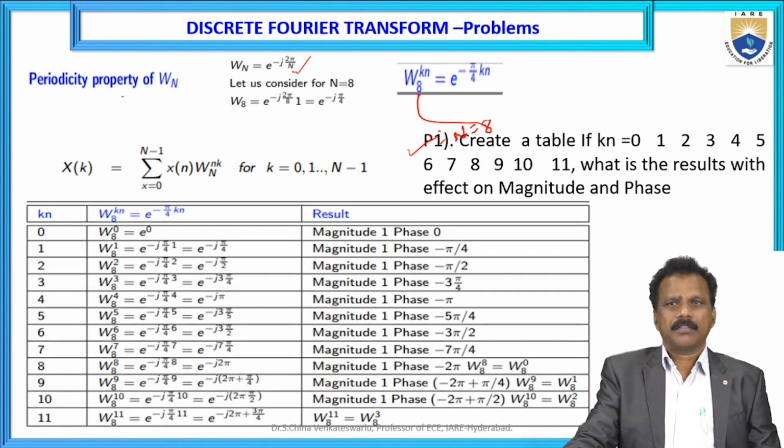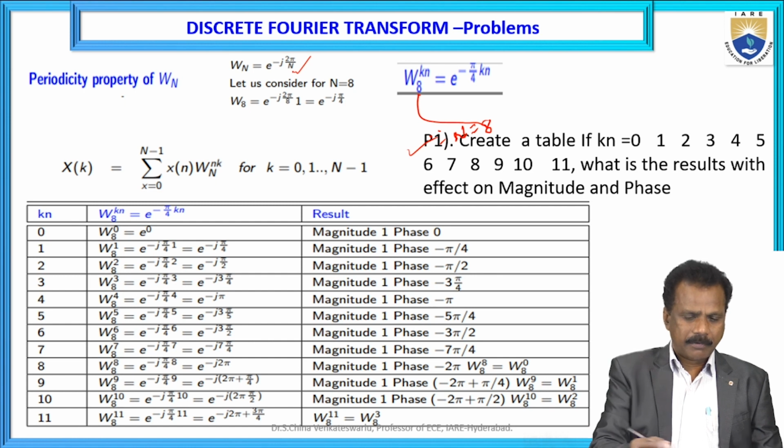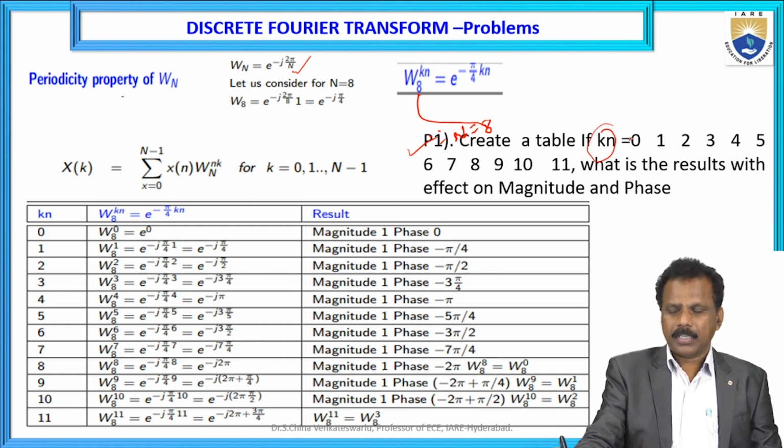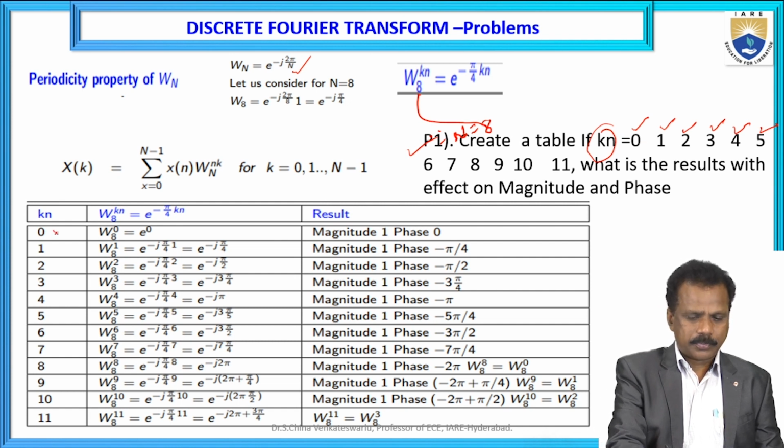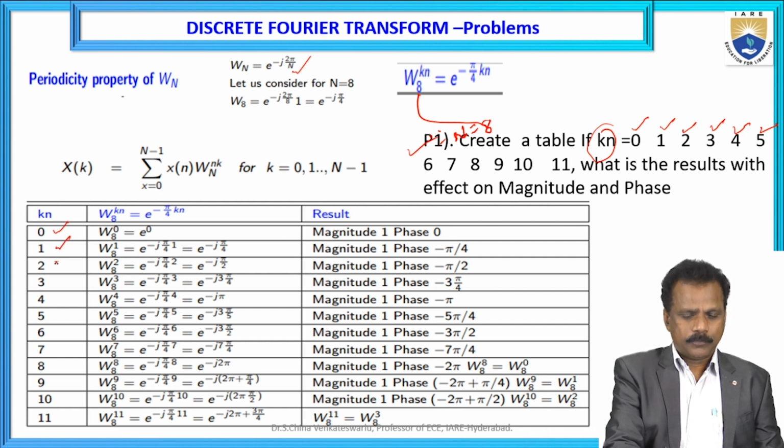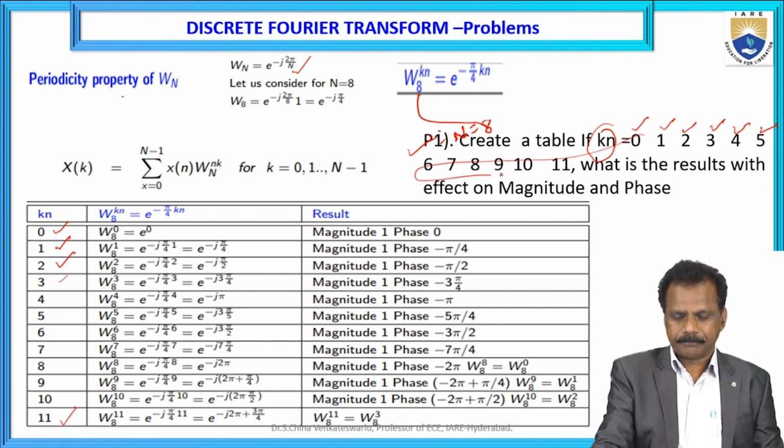We have to verify where kn value is given, kn equal to 0, 1, 2, 3, 4, 5 and so on up to 11 as per the given data.